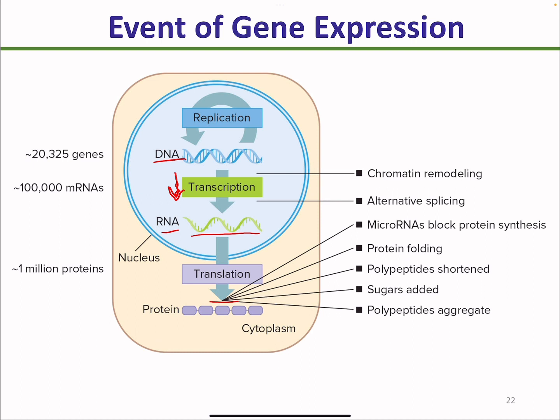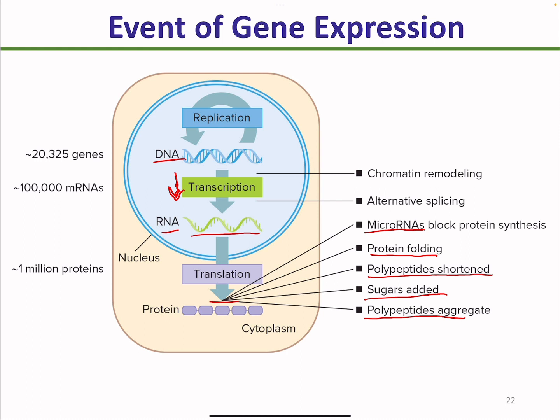And now that RNA is going to be subject to a number of things. What are some of the things? We're going to have microRNA that can block protein synthesis. We are going to have protein folding that can happen improperly. We can have polypeptide shortening. We can have sugars that can be added. We can have polypeptides that can aggregate together.